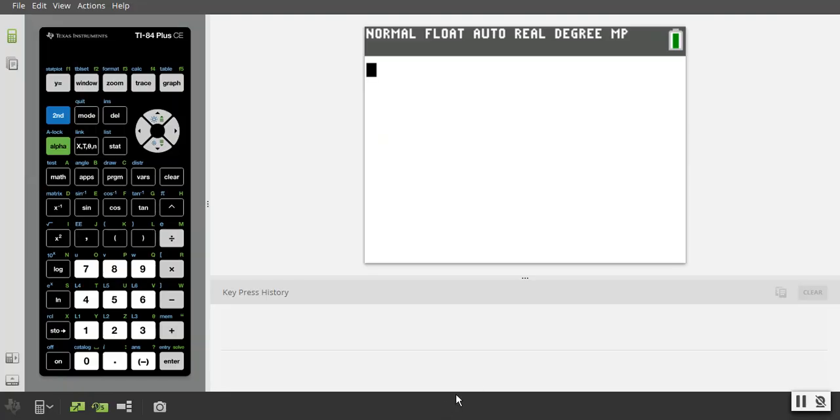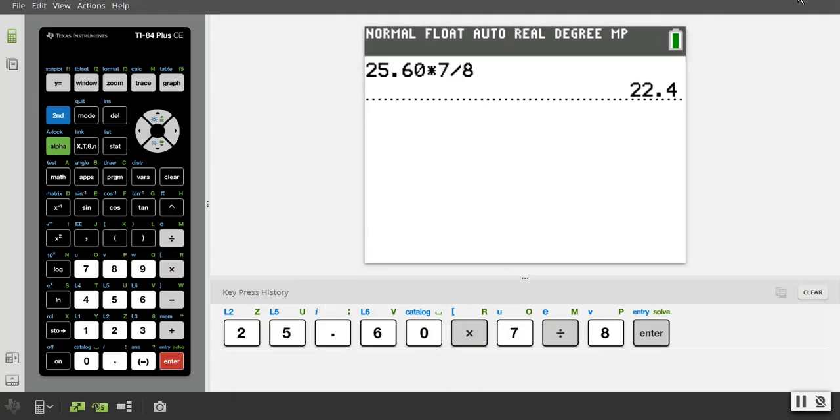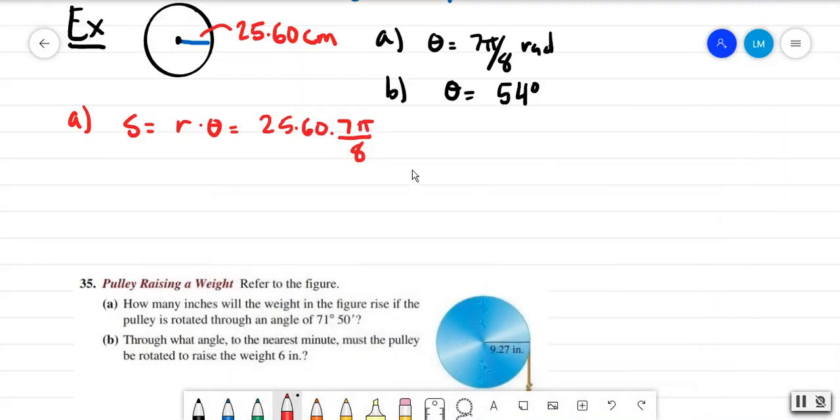Let's use our calculator. You'll take 25.60 and multiply that times the 7 eighths. If we do that, we get 22.4. So this is approximately equal to 22.4 pi.